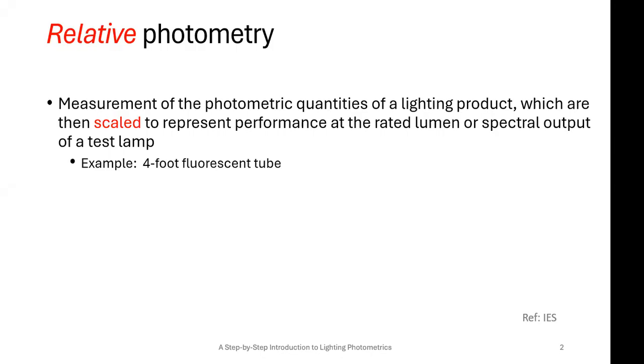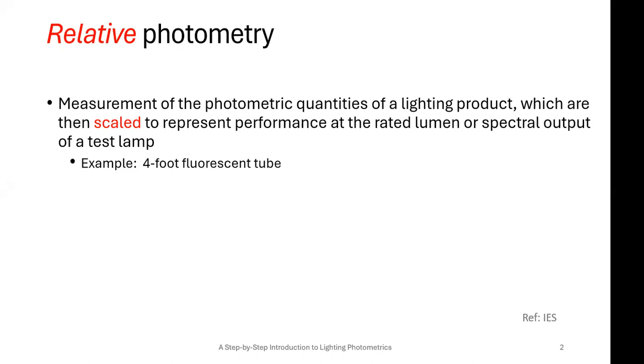And so by being scaled, different ballast factors can be used. Lower than 1.0 would be 0.88, which is kind of like a normal fluorescent ballast factor. 0.78 was low energy. And then all the way up to 1.18 is a higher light output. So it can be scaled.